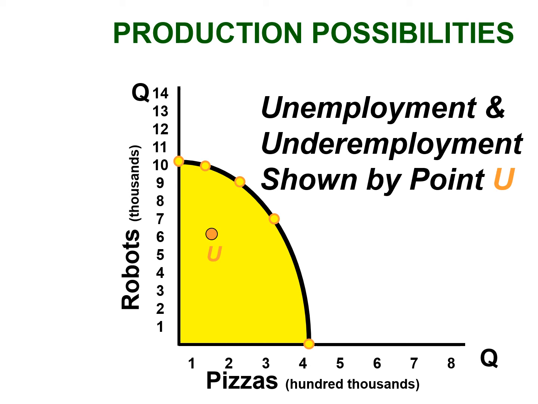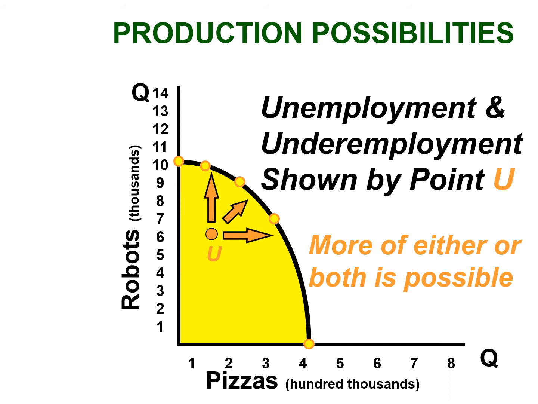So during an economic downturn, society is operating inside of its production possibility frontier because it's not putting to use all of its available resources. This is costly to society. We're saying we should have more consumer goods or more capital goods or more of both types of production, right? In essence, if we were operating on the curve, we could increase the production of both consumer goods or capital goods, or at least one of them.